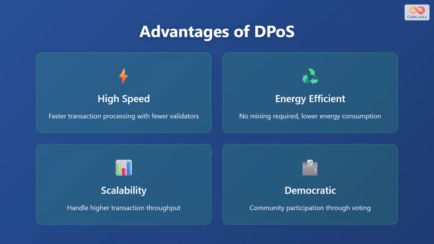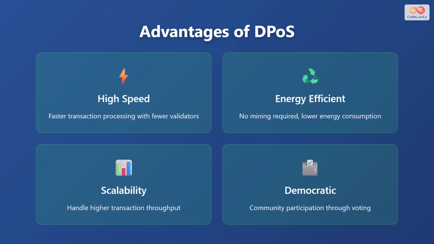DPoS offers several significant advantages over other consensus mechanisms. First is high speed. With fewer validators involved in the consensus process, DPoS networks can process transactions much faster, often achieving block times of just a few seconds. Second is energy efficiency. Unlike proof-of-work systems that require intensive mining, DPoS requires no mining hardware, resulting in dramatically lower energy consumption.